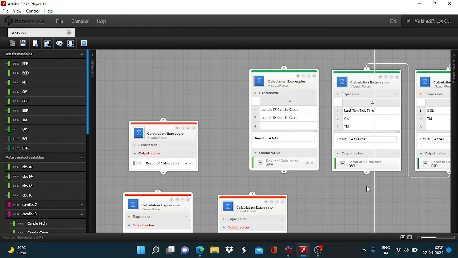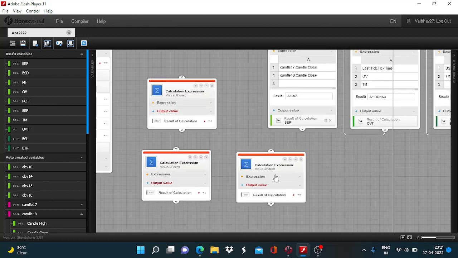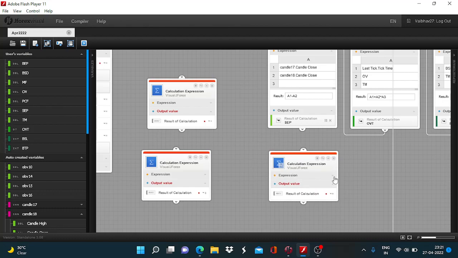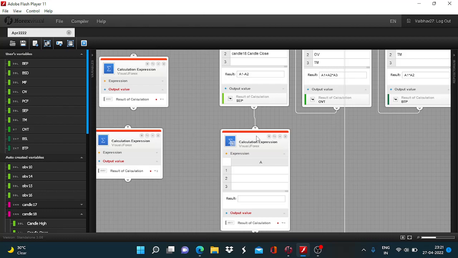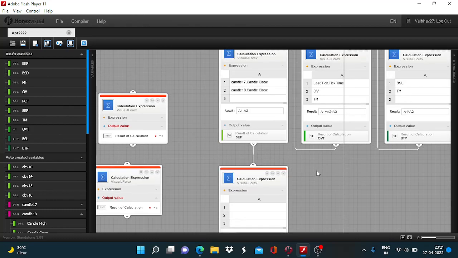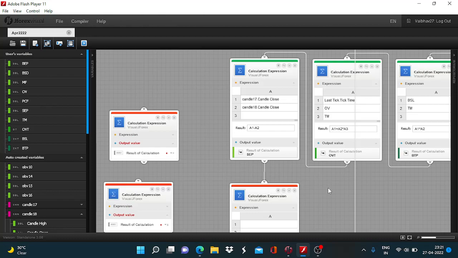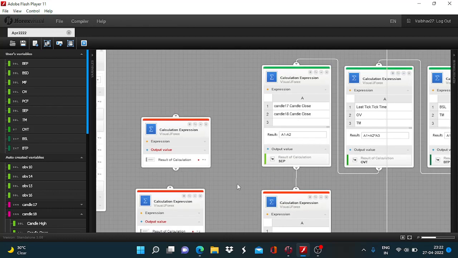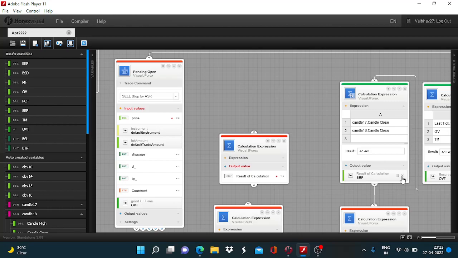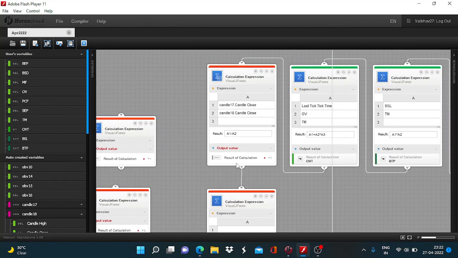I will detach this calculation expression flow and join it on the lower side. Okay. I have committed an error of omission actually. This is the difference and this is not going to be the sell execution price directly. This is the sell side difference.